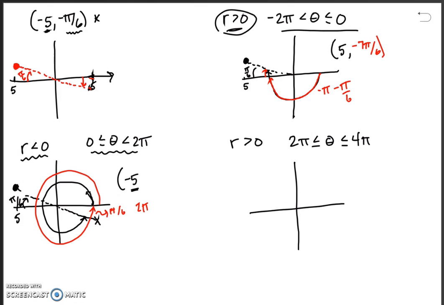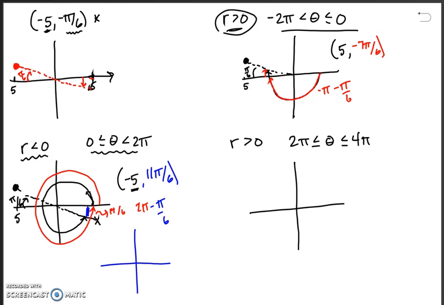But I want to take off this little bit here, that pi over 6. So if I take 2 pi and subtract pi over 6, that will give me my overall rotation of 11 pi over 6.